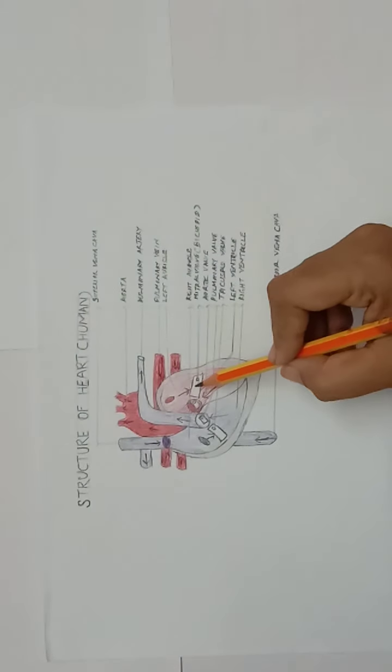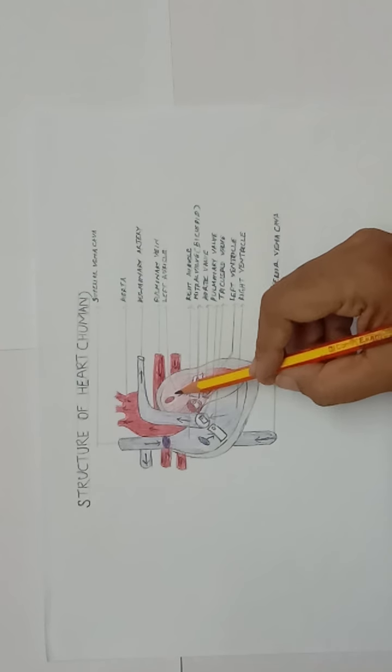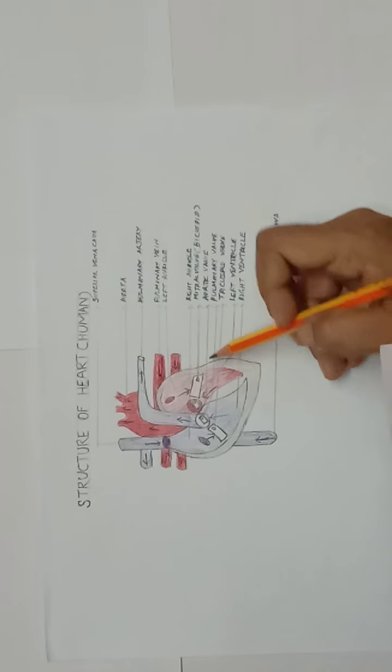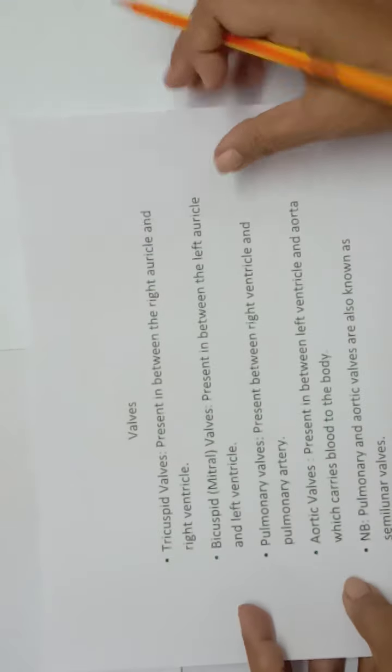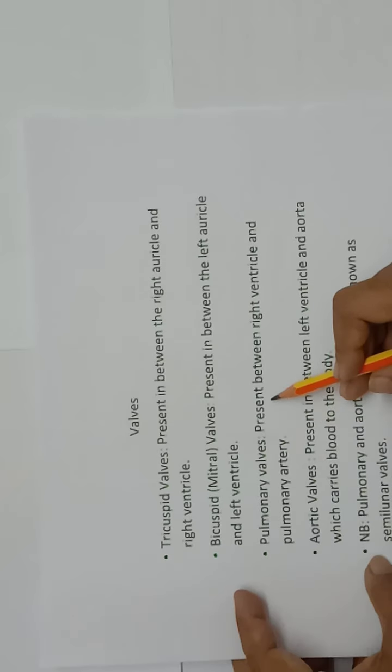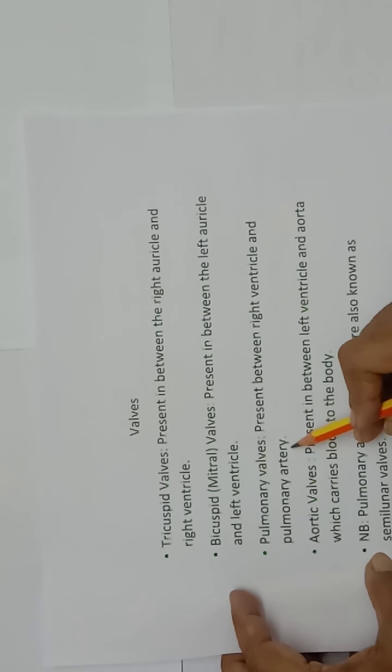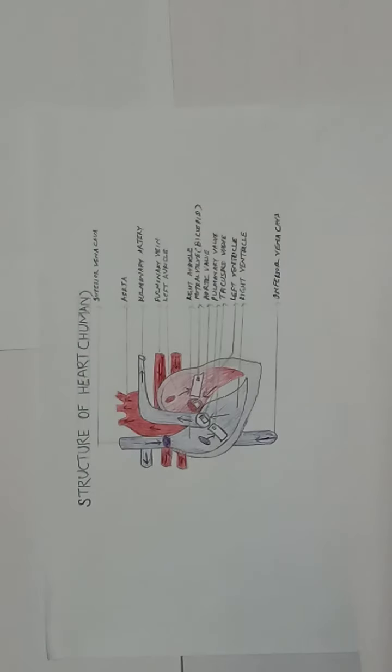See, this is the bicuspid or mitral valve. Okay, got it? Then the pulmonary valve. It is present between the right ventricle and pulmonary artery. Let's see.